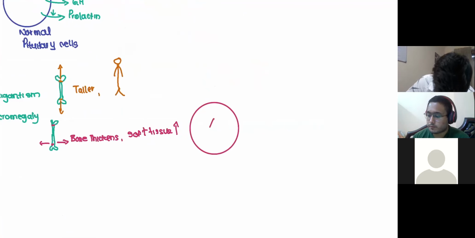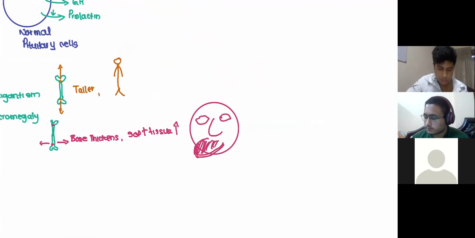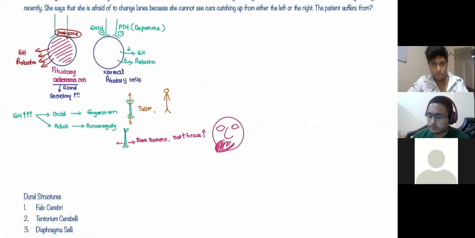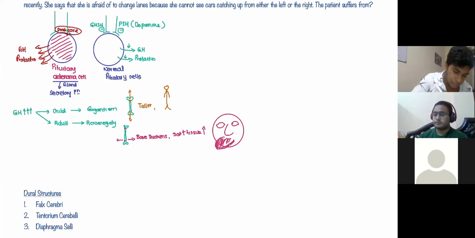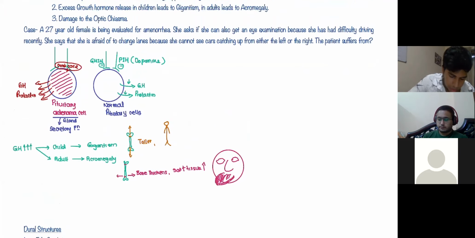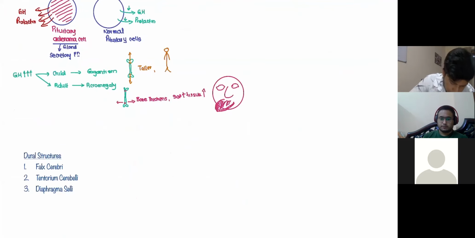They have huge features and a very thick tongue. The facial bones will thicken. This is an introduction to the endocrine system, but it is important when learning pituitary adenomas.